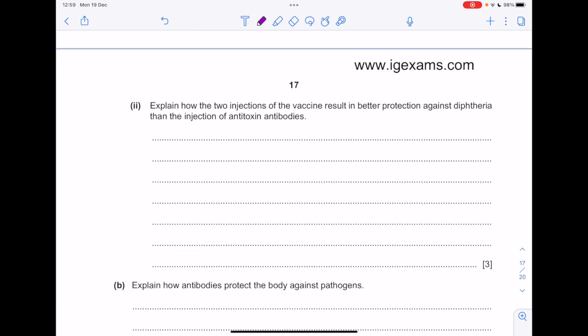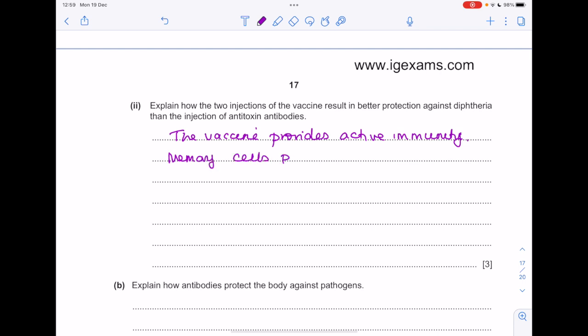Explain how the 2 injections of the vaccine result in better protection against diphtheria than the injection of antitoxin antibodies. So the vaccine provides active immunity. Remember I said higher up that memory cells are produced which provide long-term protection against the diphtheria.